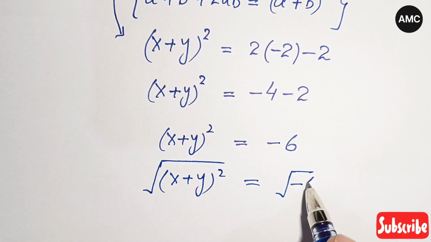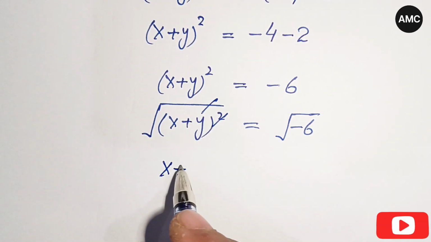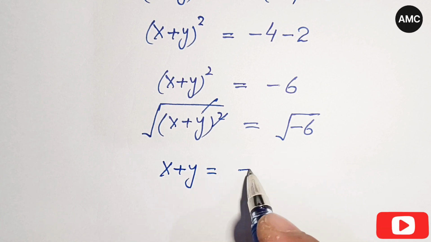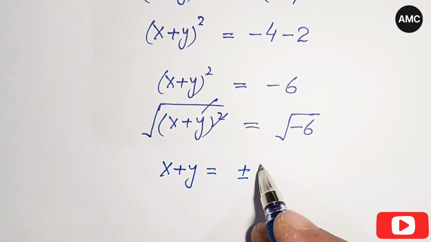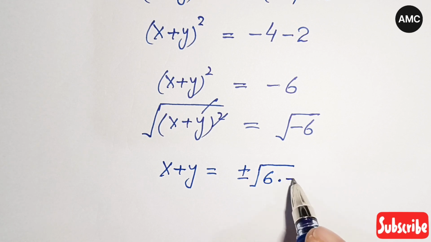Now for x plus y whole squared, if we just take square root on both sides, here we have square root of minus 6. Now cancelling square with square root on our left hand side, we get x plus y is equal to plus minus square root of minus 6, which can also be written as square root of 6 times minus 1.